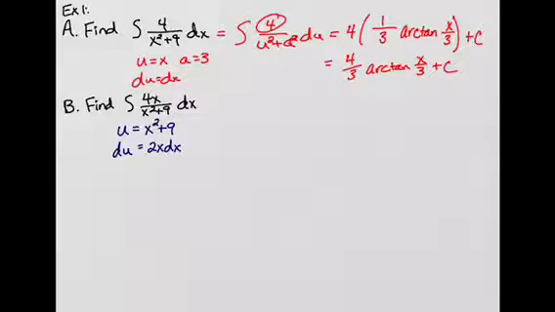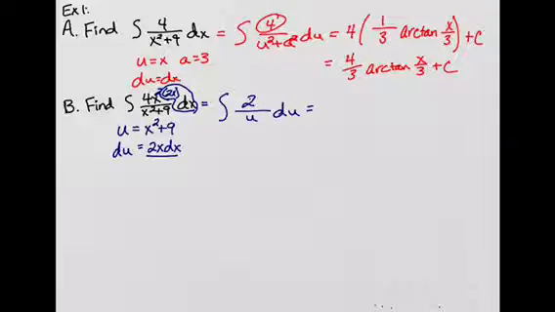So I'm noticing I have a 4x in the numerator, so when I go to substitute this in, I can take that 4x and make it 2 times 2x. So therefore my 2x dx is here. And so I just have that 2 left over in the numerator. So I have 2 over u du.